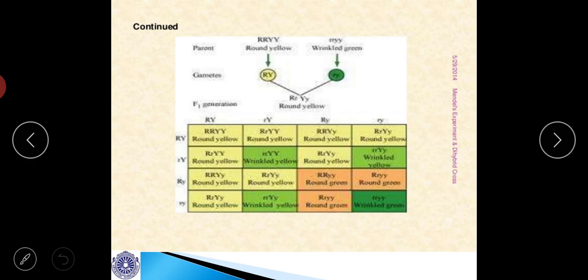So the parents are like this: homozygous dominant parent round yellow, and homozygous recessive parent wrinkled green, and again it produced a ratio of 9:3:3:1 in the F2 generation. Here you can clearly make out that some of the boxes are colored yellow, some green, some brick red, and some dark green.